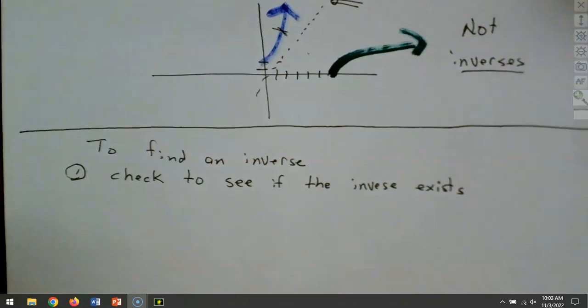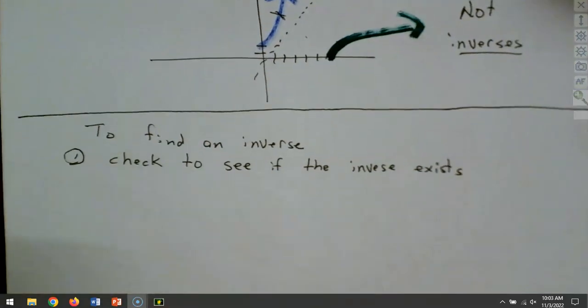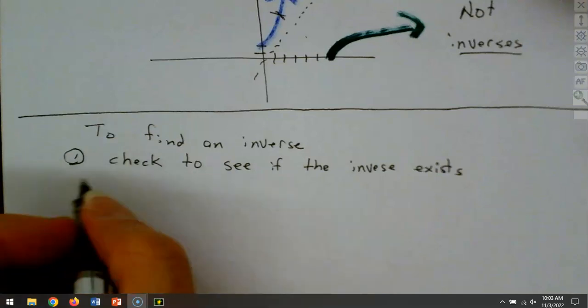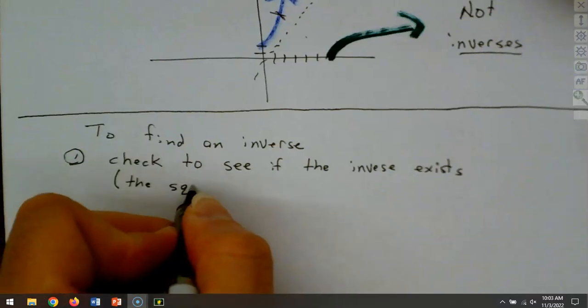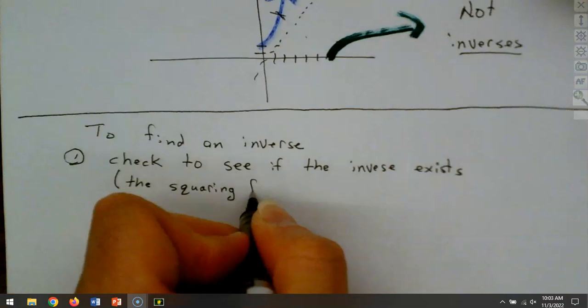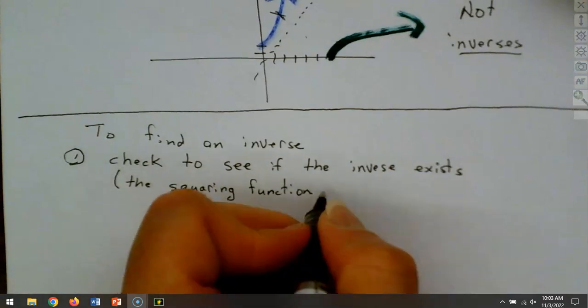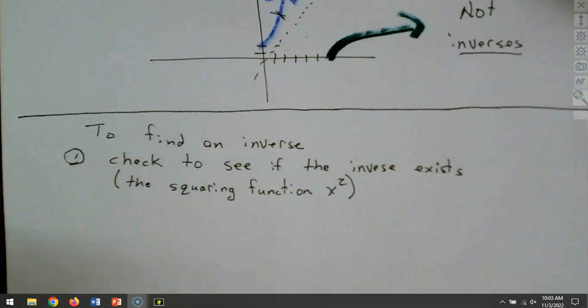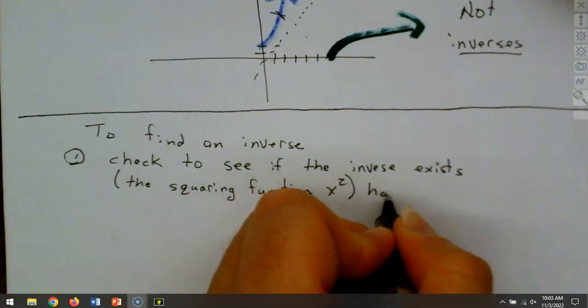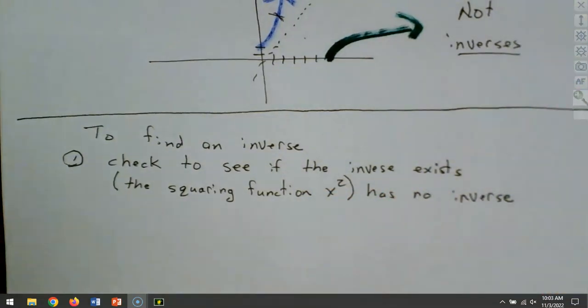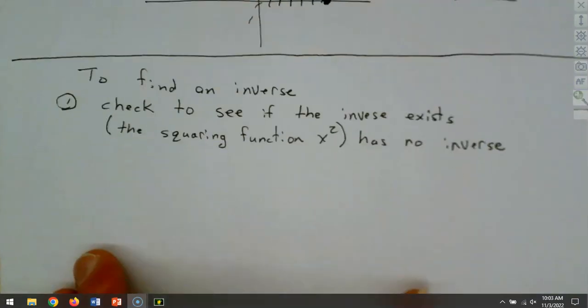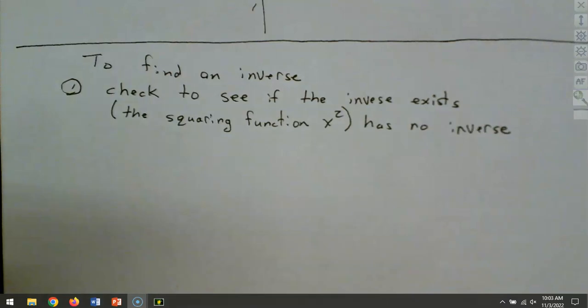Now, most functions have an inverse, but one particular one that we work with a lot that does not have an inverse is a square. So the squaring function, x squared, has no inverse. Most other functions do. Now, it could be that you have a restricted domain, and then it would have an inverse. But most of the time, if you just have a squaring function, it's not going to have an inverse, unless it's got a specific domain with it.